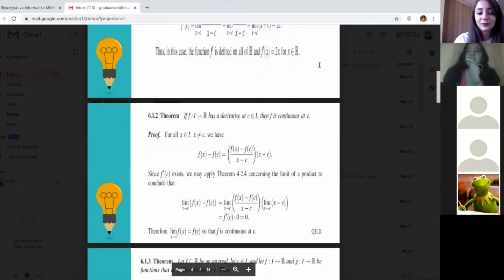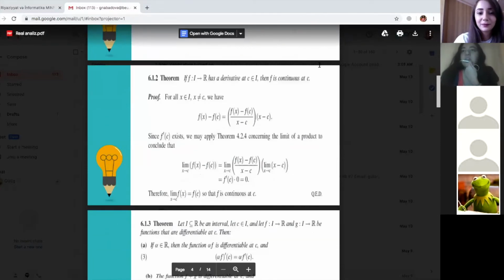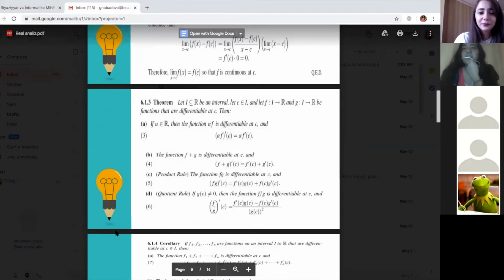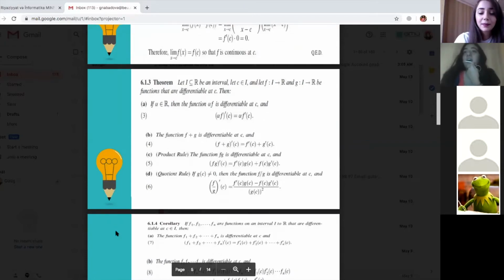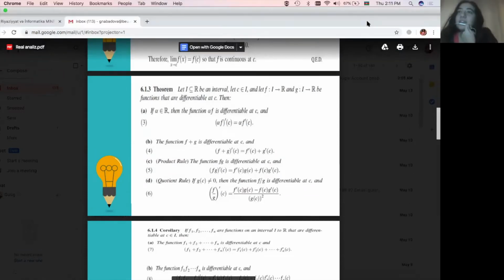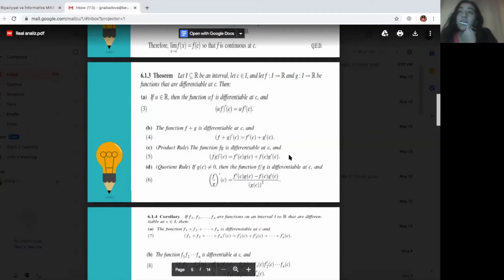Theorem 6.1.2. If f from I to R has a derivative at c in I, then f is continuous at c. So should I tell the proof, or no? You don't need to. The next theorem: let I be an interval in R, and let c be in I. Let f and g from I to R be functions that are differentiable at c.